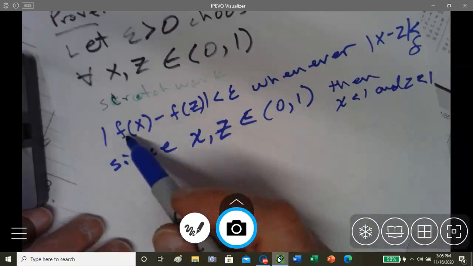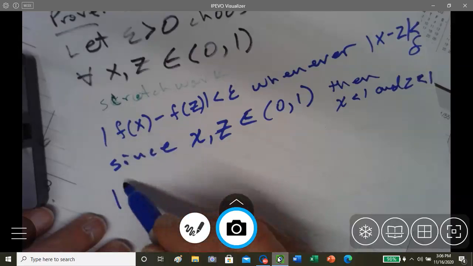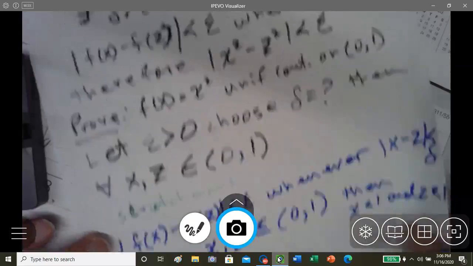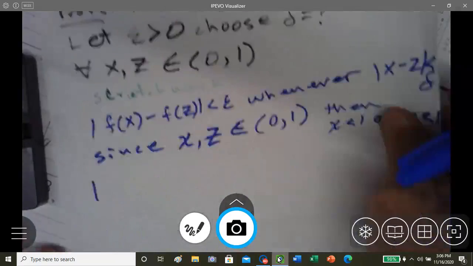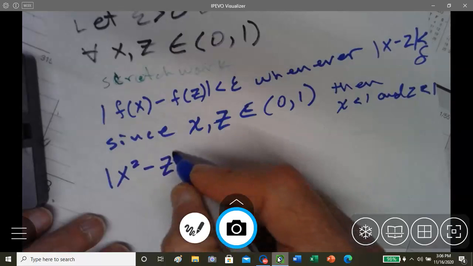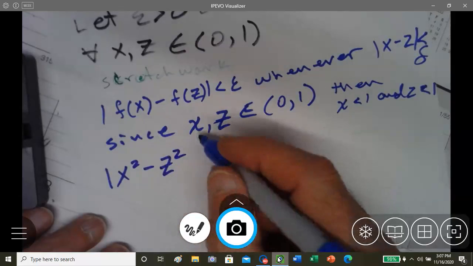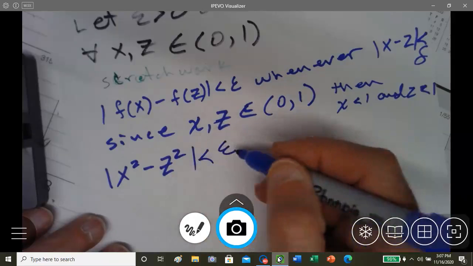Okay, so we take this absolute value of f of x minus f of z, and so that's going to be, we know f of x is x squared, f of z will be z squared. So that'll be the absolute value of x squared minus z squared, and that's less than epsilon.